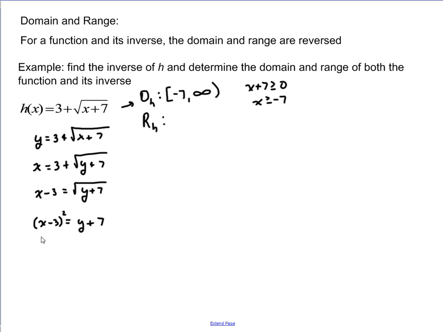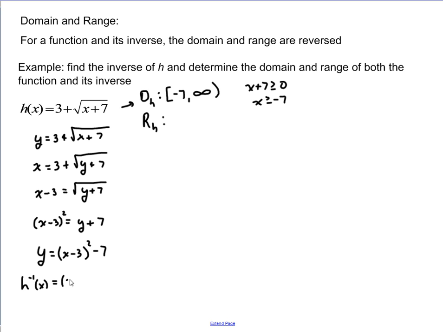I'm not even going to bother squaring this. I'm just going to isolate y by subtracting 7 from both sides and writing that y is equal to the quantity x minus 3 squared minus 7.